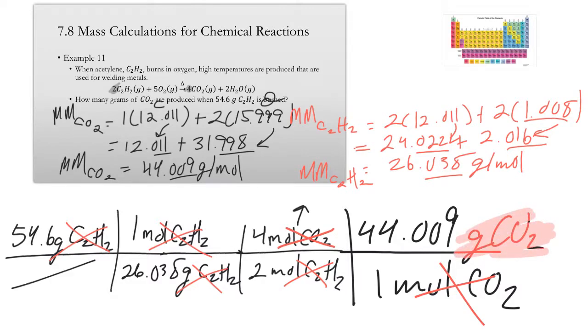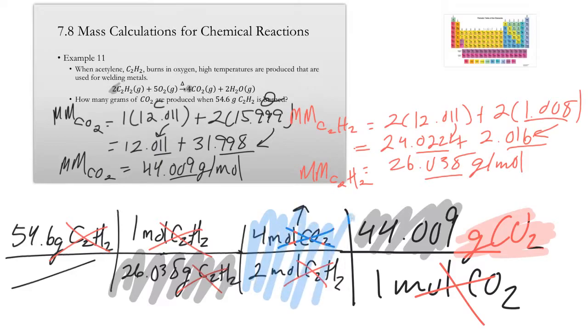Now I want to point out the first stuff here. You're dividing always first. You're multiplying always last. And then the middle portion is always the mole ratio, or the mole to mole factor. I call it the mole ratio. And it's based on the balanced equation.